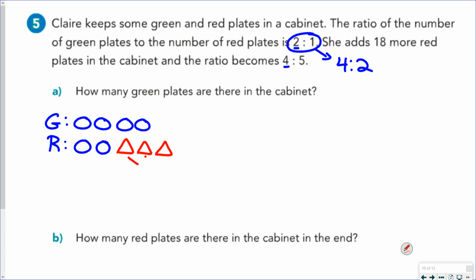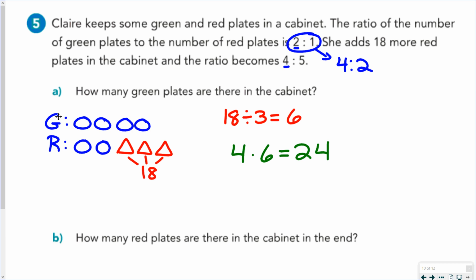Well, these 3 red triangles that I put on represent the 18 plates that she added. So I take 18 divided by 3 to get 6. So to find out how many green plates there are in the cabinet, there are 4 circles. Each circle is worth 6. 4 times 6 is 24.